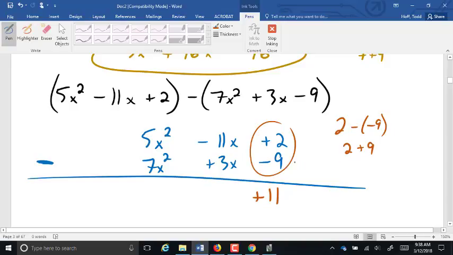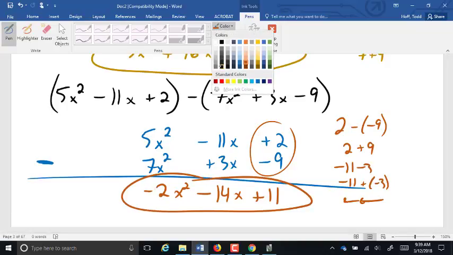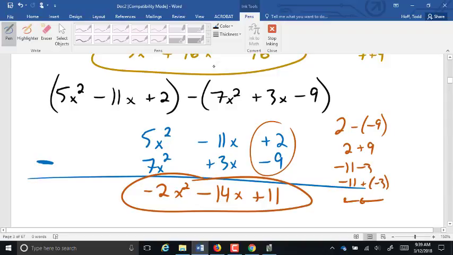Negative 11x minus 3x. That's negative 11 minus 3, which becomes negative 11 plus a negative 3. So negative 11 and negative 3 make negative 14x. 5x squared minus 7x squared, negative 2x squared. What do you think? Not so bad so far, right? Okay.